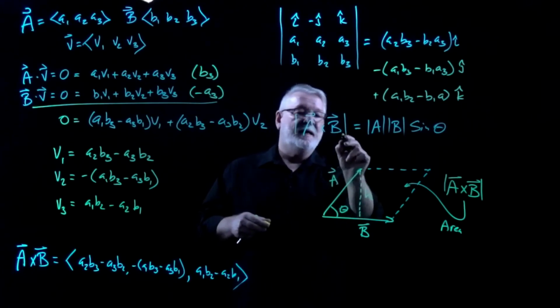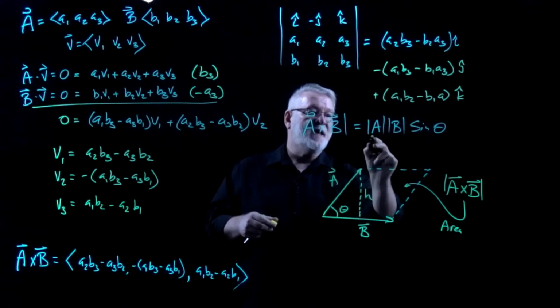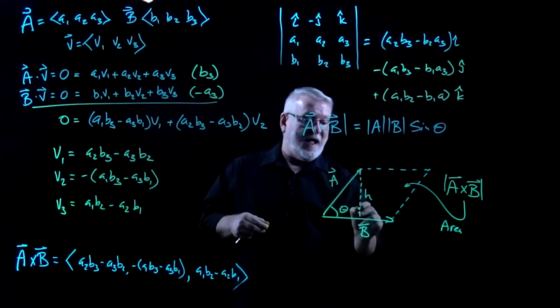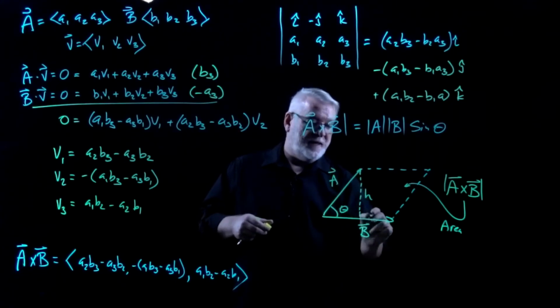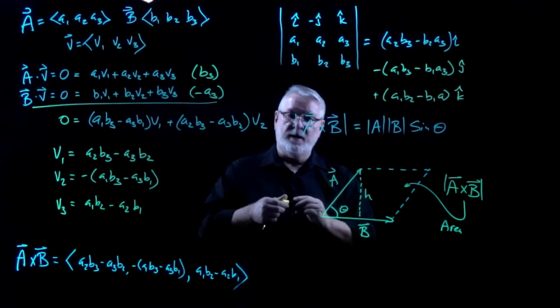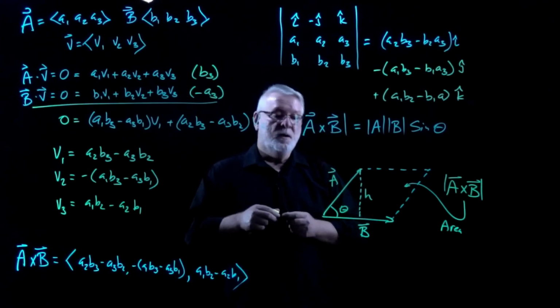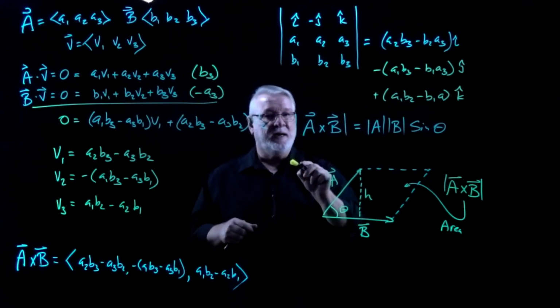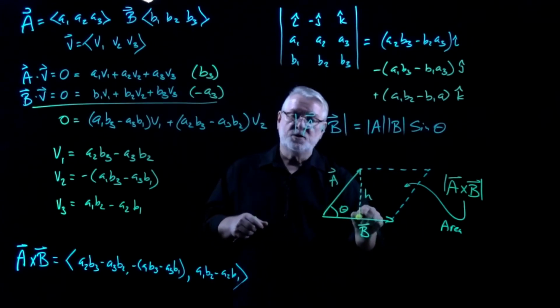And that's why the magnitude of the cross product is always AB sine theta. A times the sine of theta will actually be equal to this height, and that times B will provide the area of the parallelogram.